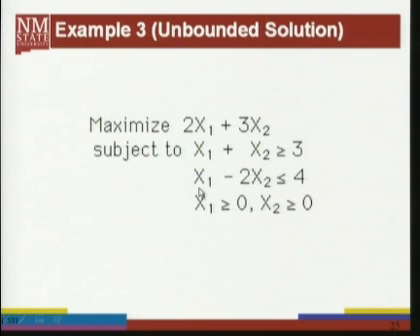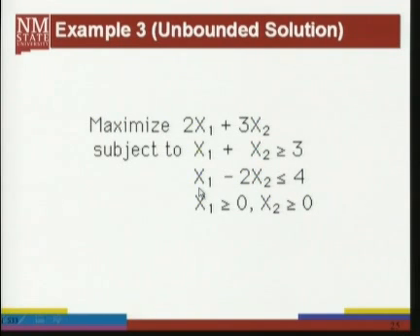Okay, let's consider another example. Again, before the simplex algorithm can be implemented to solve an LP, the given LP must be converted into standard form, in which all the constraints are equations and all the variables are non-negative.